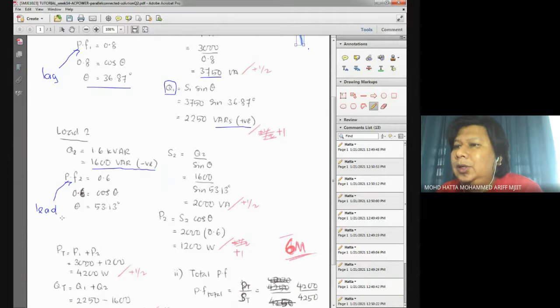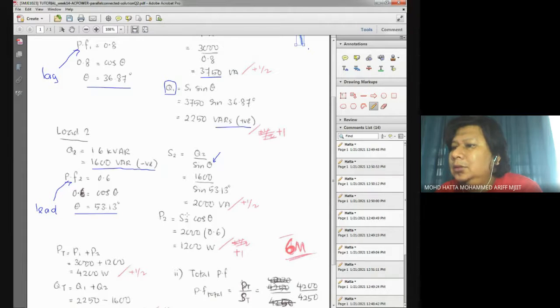We apply the same strategy that we applied for load 1. Here we have S2 given by Q divided by sine theta. In order to get this theta value, you need to process the power factor first, which is 0.6, and take the arc cos of that to get your theta.